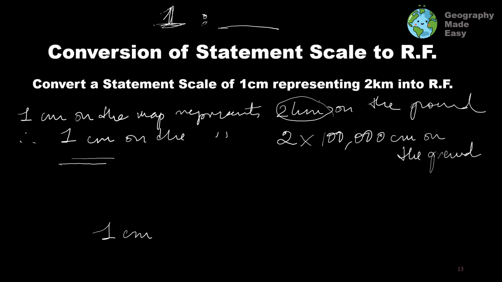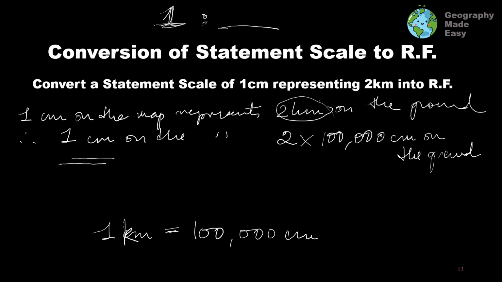So 1 kilometer is 100,000 centimeters. This is the kilometer-centimeter conversion, which we have done in school with the unitary method and the CGS and MKS systems. We are using that. So 1 kilometer is, we know, 1000 meters, and 1 kilometer is 100,000 centimeters.